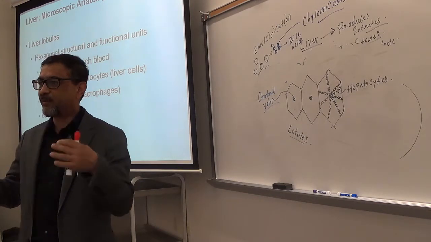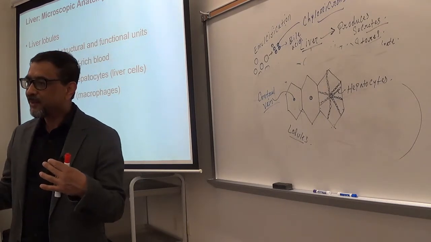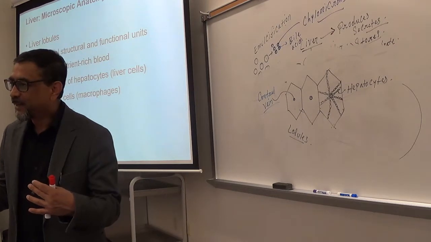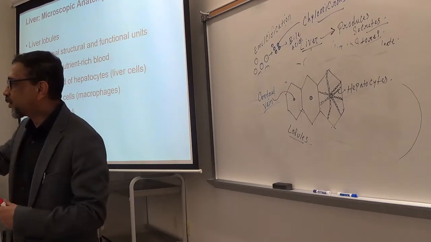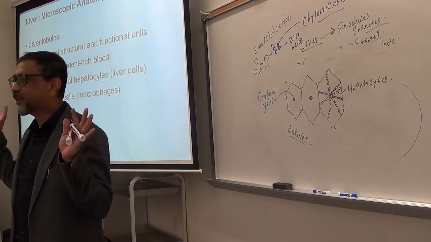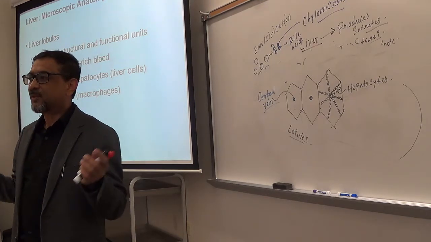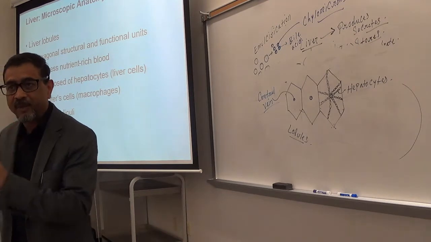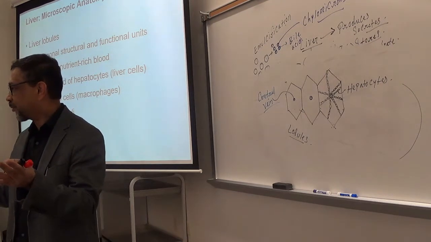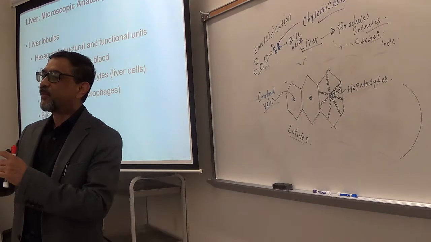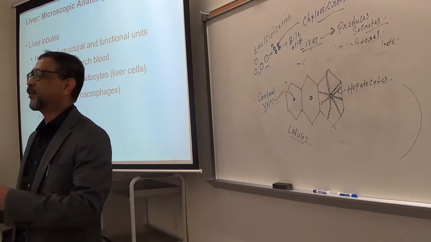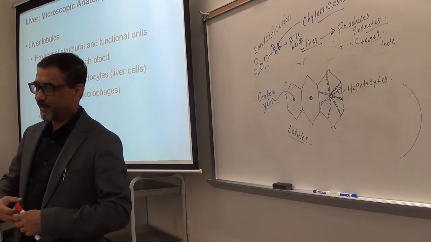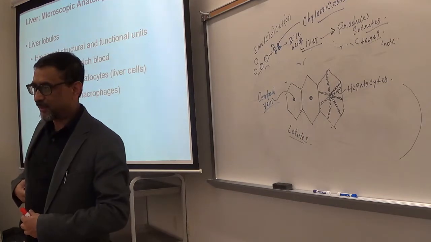So nutrients are first processed where? Mostly in the liver, right? So these cells also process the nutrients. One is production and secretion of bile, a very important function. You know the function of bile. Another is processing of what? Nutrients that are taken from the intestine to the liver.